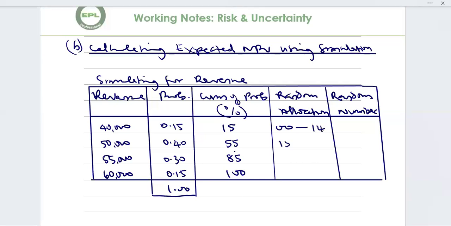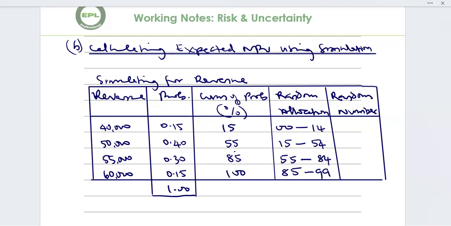After 14 is 15. 55 minus 1 is 54. After 54 is 55. 85 minus 1 is 84. After 84 is 85 to 99.